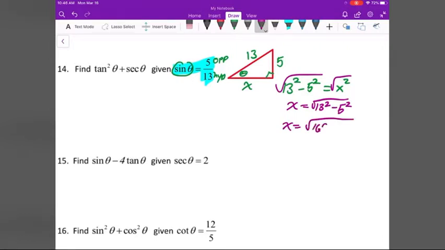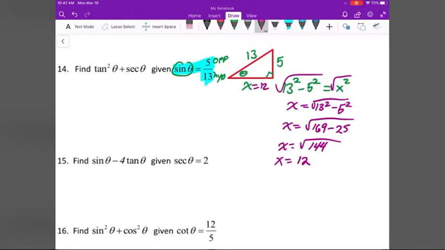That becomes 169 minus 25, which is 5 squared. Keep going. That means x is equal to the square root of 144. And if we keep going, that gives us our side length of 12. So x equals 12. So our three sides are 13, 5, and 12.